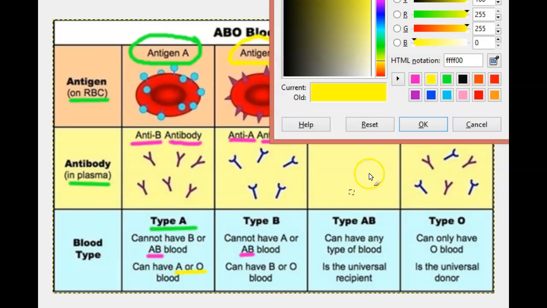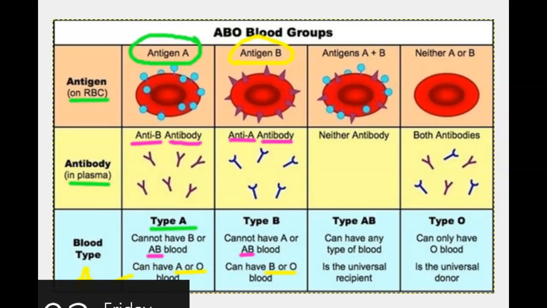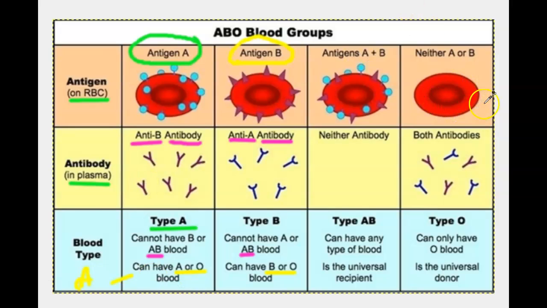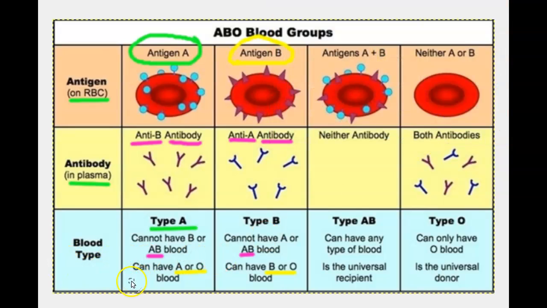So what kind of blood can they have? Anything that doesn't have an A. So over here, nothing with B. Over here, nothing with an A.